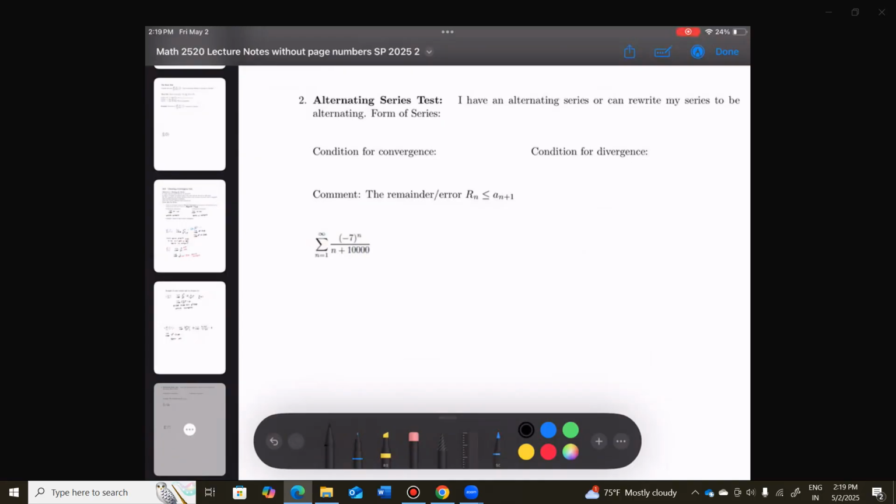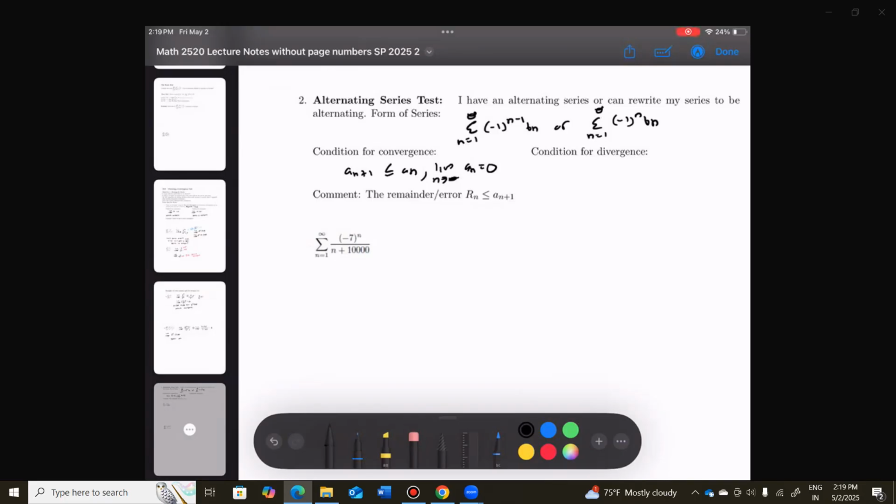So the form is the summation from n equals 1 to infinity of negative 1 to the n minus 1 times b sub n, or the summation from n equals 1 to infinity of negative 1 to the n times b sub n. If a sub n plus 1 is less than a sub n, and the limit as n goes to infinity of a sub n equals 0, then you have convergence.